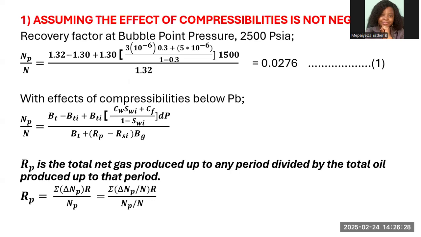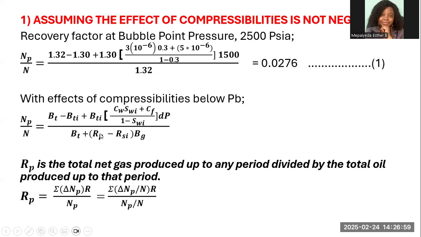This is the R average that was calculated. I went back a slide. This is actually the R average. So after calculating the R average, you slot in here, and then this summation NP divided by N multiplied by the R average, you slot it in here because the whole of this is your RP.